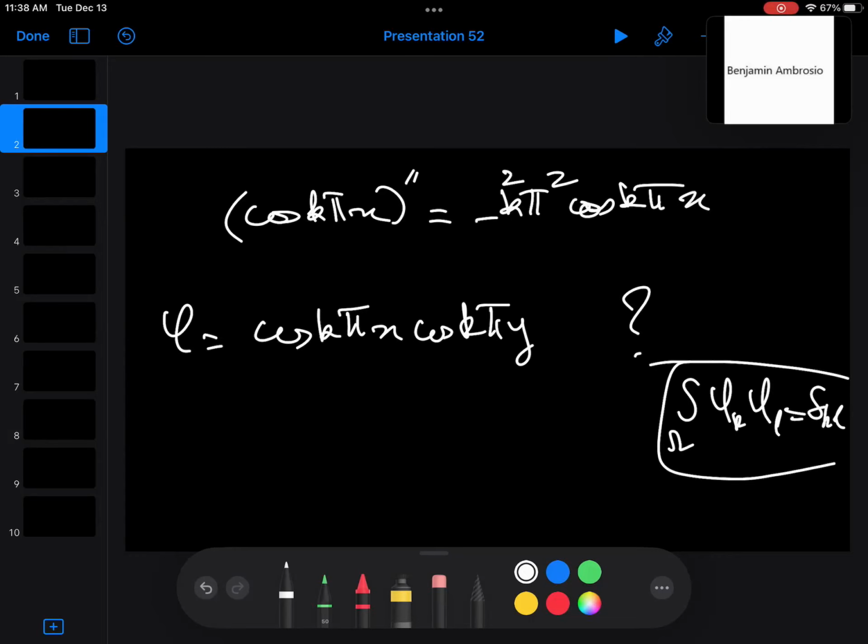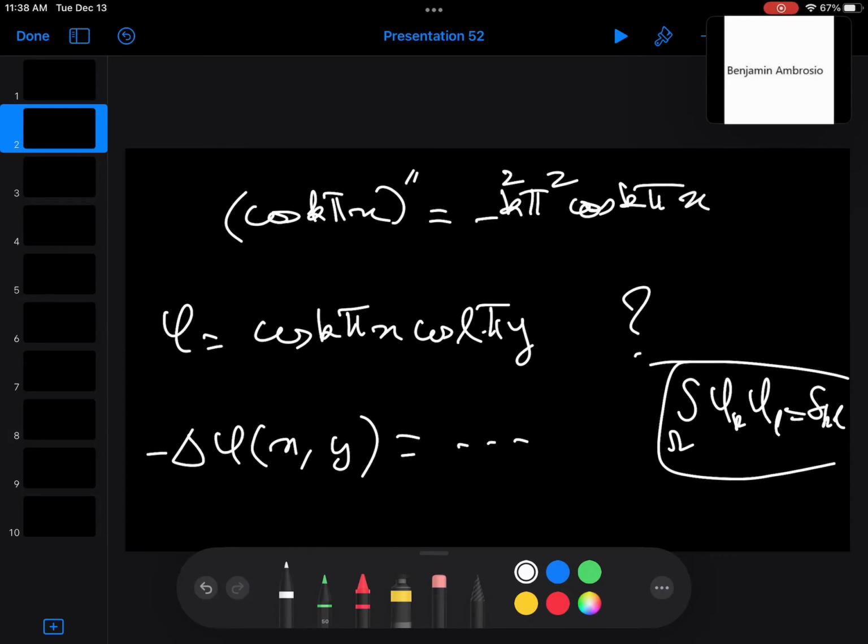Okay, so if I look at minus Laplacian of such a phi of x y, and here there's no reason to choose the same k. Let's put the L. So if I apply minus Laplacian to phi, well, what do I get?